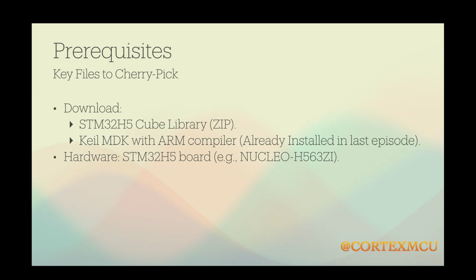We also need to install the Keil MDK with ARM compiler, which was already installed in the last episode. For the hardware, we need an STM32 H5 board. As in the last project, we will use the Nucleo H563ZI.